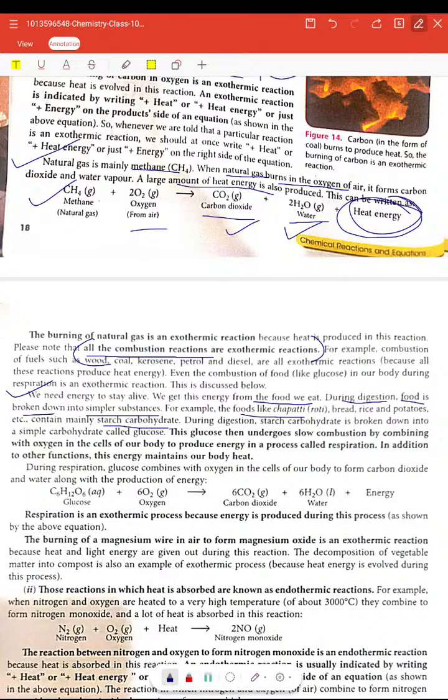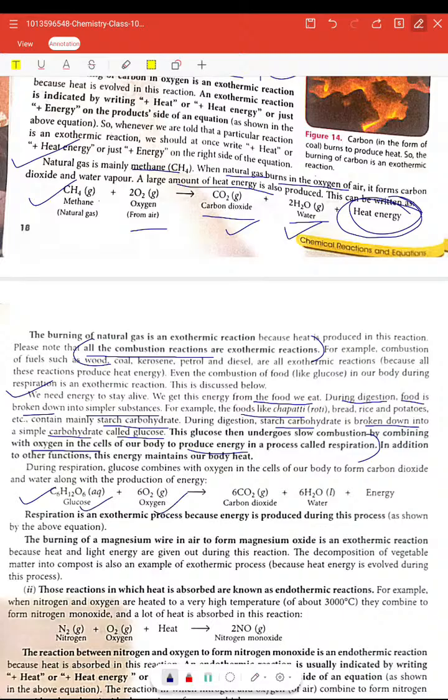The starch is broken down into a simpler carbohydrate, that is glucose. Glucose undergoes slow combustion with oxygen in the cells of the body. We inhale oxygen, and that oxygen slowly reacts with glucose to produce energy. Producing energy in this way is called respiration.